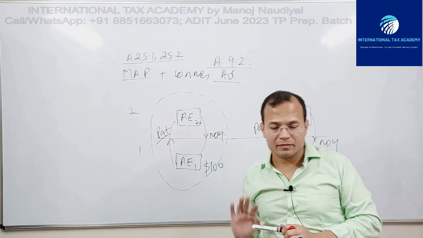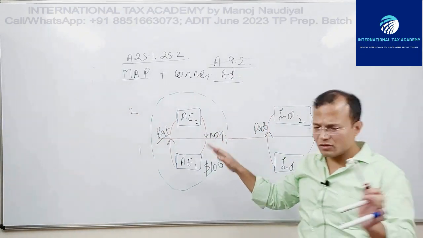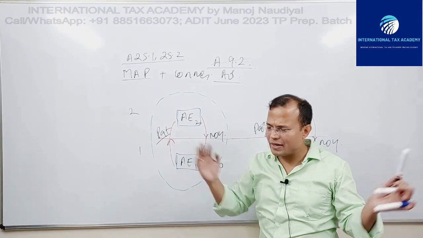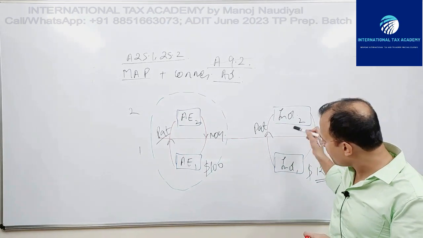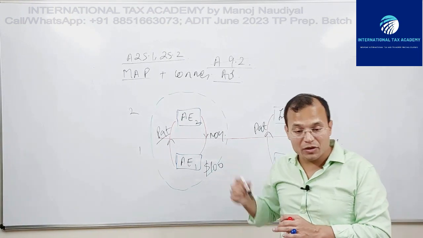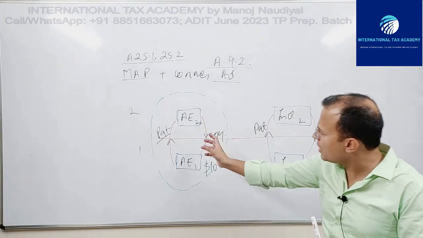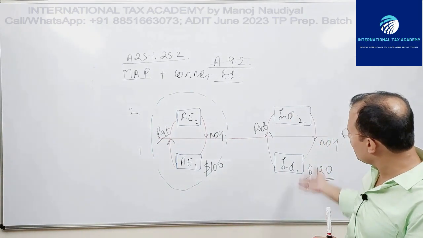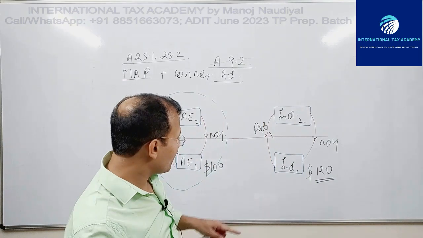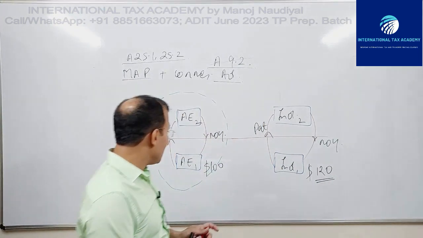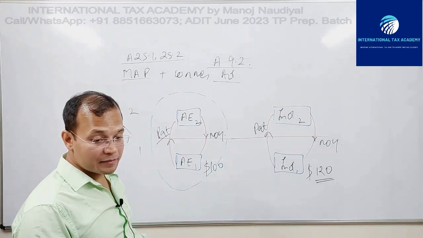Don't get into that. We have a normal patent which can be seen in transactions between independent parties. So similar patent, but the royalty that independent party 1, the licensor, is receiving is 120, and here the royalty being received is only 100.